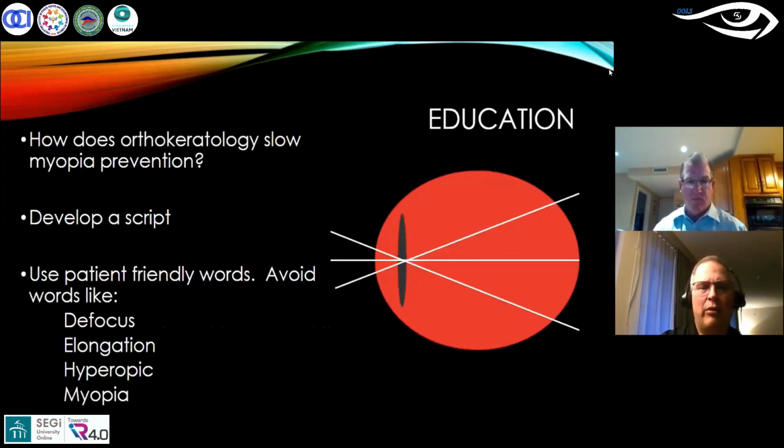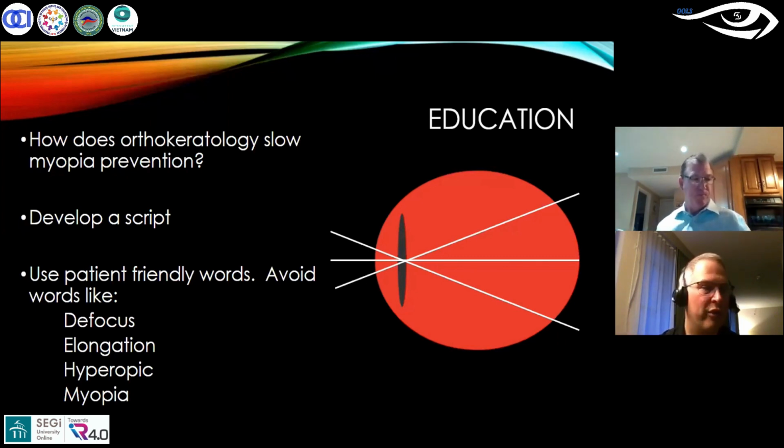And then you need to think about how to explain to a patient how orthokeratology slows myopia progression, because we know myopia control is a very big deal in the world right now. We know that by 2035, they're saying 50% of the population will be myopic.